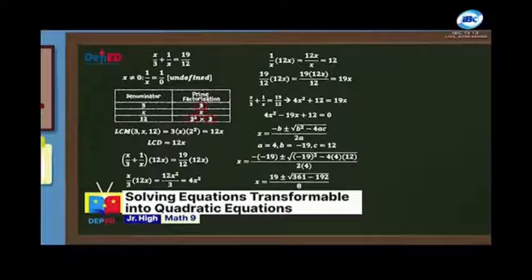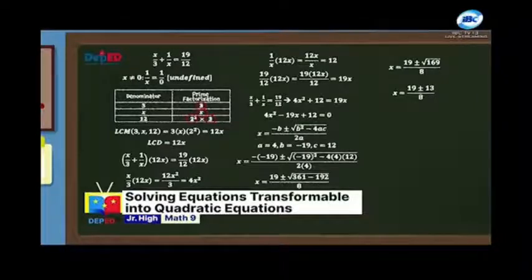So x must be equal to positive 19 plus or minus the square root of the expression 361 minus 192, all over 8. And x should be equal to 19 plus or minus the square root of 169 all over 8. x is equal to 19 plus or minus 13 all over 8.